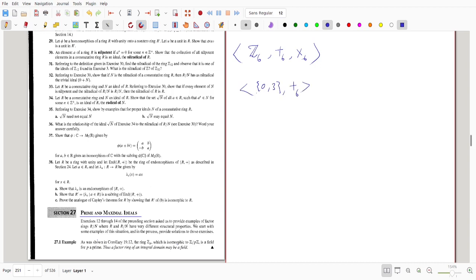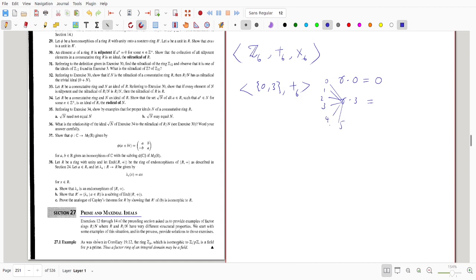and which has the property that if you multiply any element r into 0 and r into 3, r into 0 is always 0 and r into 3 is always a multiple of 3. Okay, so that is 1 into 3, 2 into 3, etc. are all multiples of 3. So if you multiply any r into 3, then this r can be one of these elements: 0, 1, 2, 3, 4, 5.